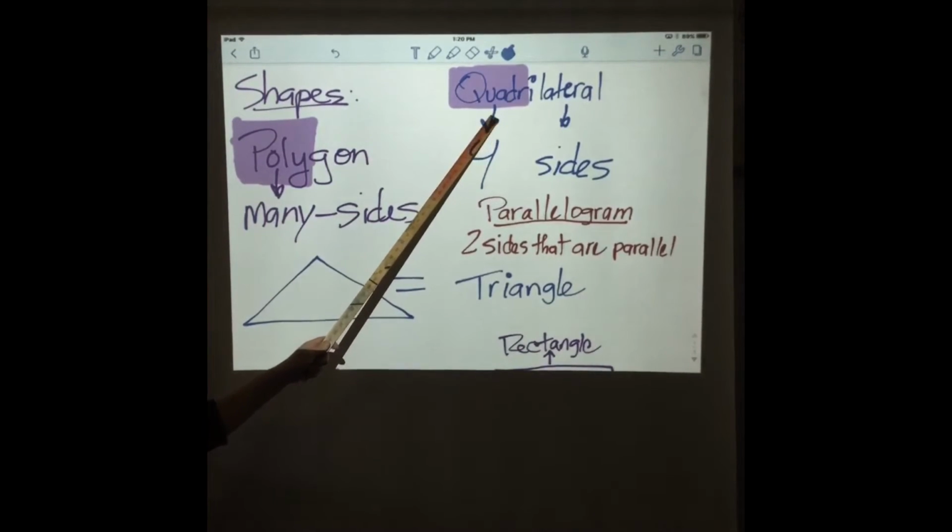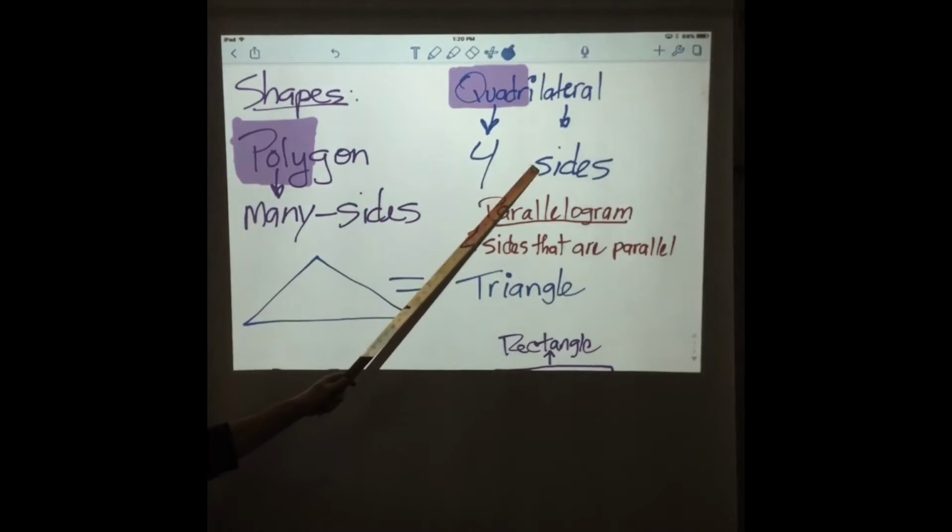Quad means four, lateral sides, so this is four-sided objects or shapes. And then we also have a parallelogram. Parallelogram means that it has two sides that are parallel. That means that they are running in the same direction. We'll get that in a second, okay?